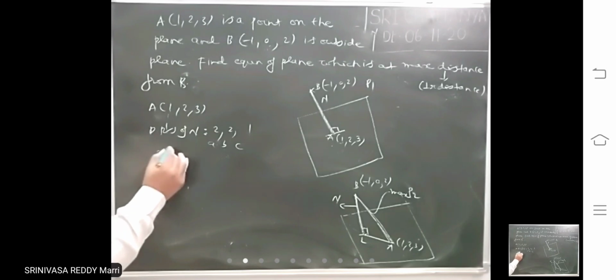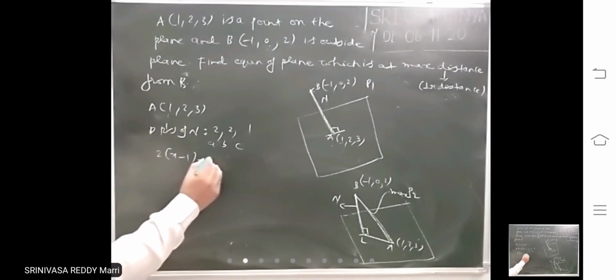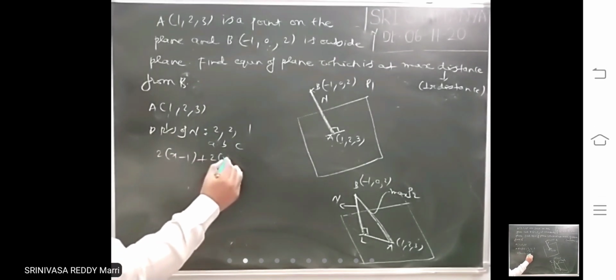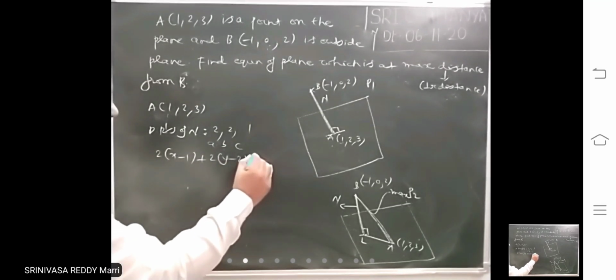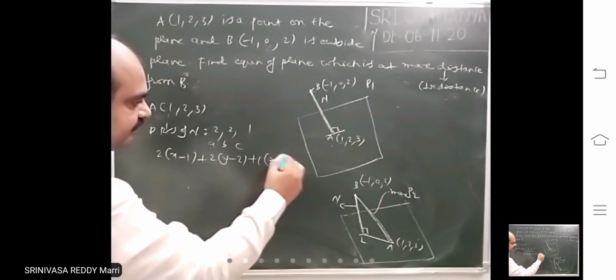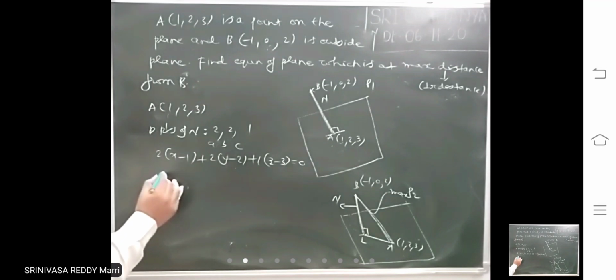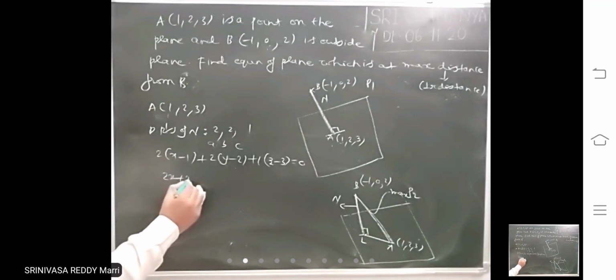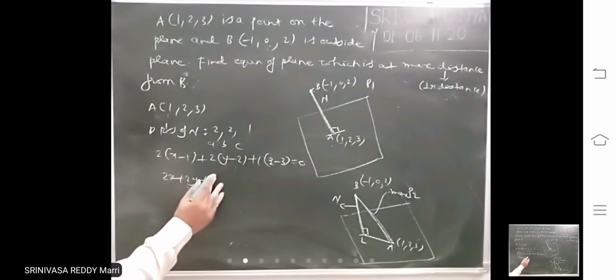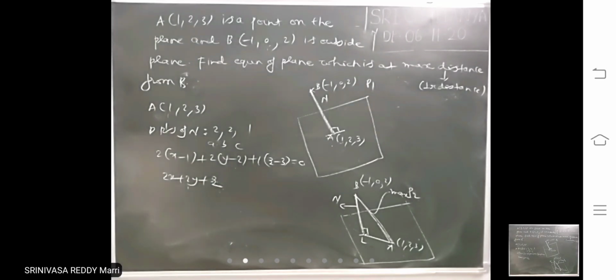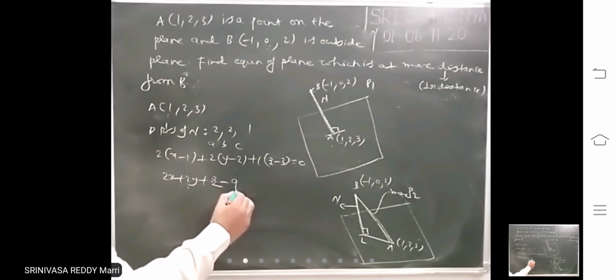You can write the equation of the plane: 2 into x minus 1 plus 2 into y minus 2 plus 1 into z minus 3 equal to 0. That means you will get 2x plus 2y plus z, minus 2, minus 4, minus 3, minus 9.